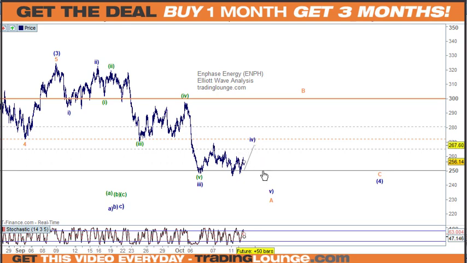So we may end up coming down here again. This here looks a little bit corrective. So it looks like we'll get some sort of ABC here, and then we're going to be coming down. So we've got to find this low here, how far we come down. I'm not too sure, but we're already very close to the 38.2% retracement level for this wave 4.